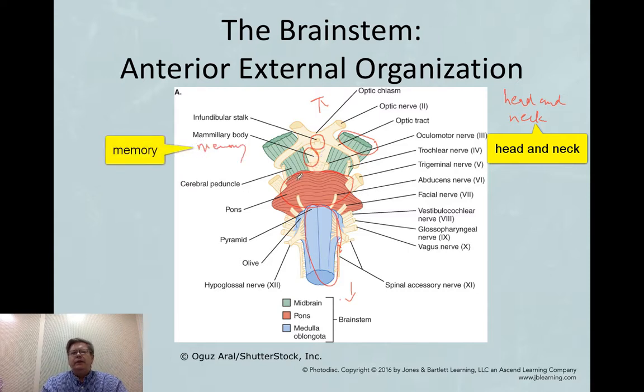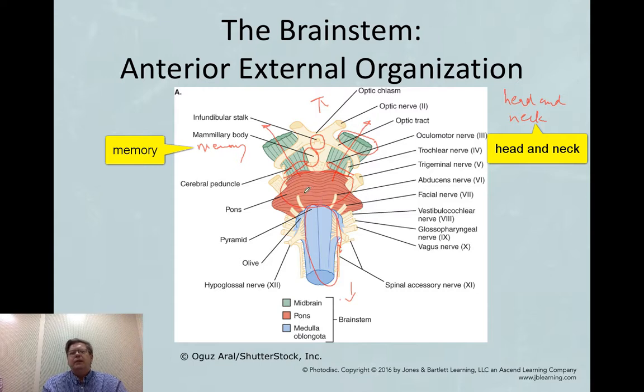We've got the cerebral peduncle, which is this bundle of fibers here that are projecting directly to either the left or the right hemisphere. So the pons is not distinguishing between left and right cerebral projections, but the cerebral peduncle is sending nerve cells either to the right or the left hand side of the cortex.